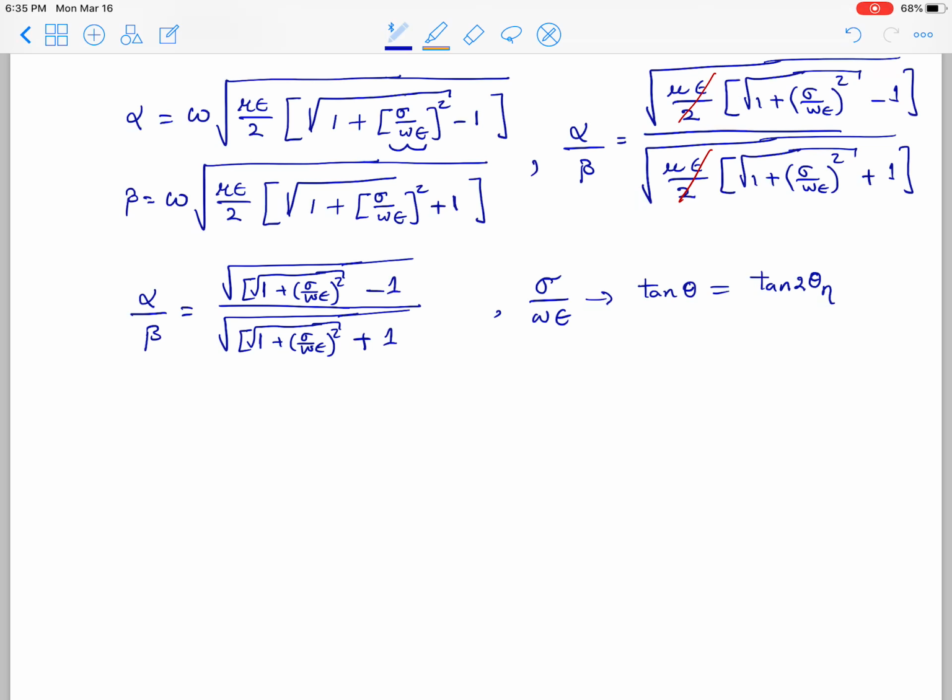So we know the angle of the intrinsic impedance, which is 30 degrees or pi over 6. Twice of that is pi over 3.